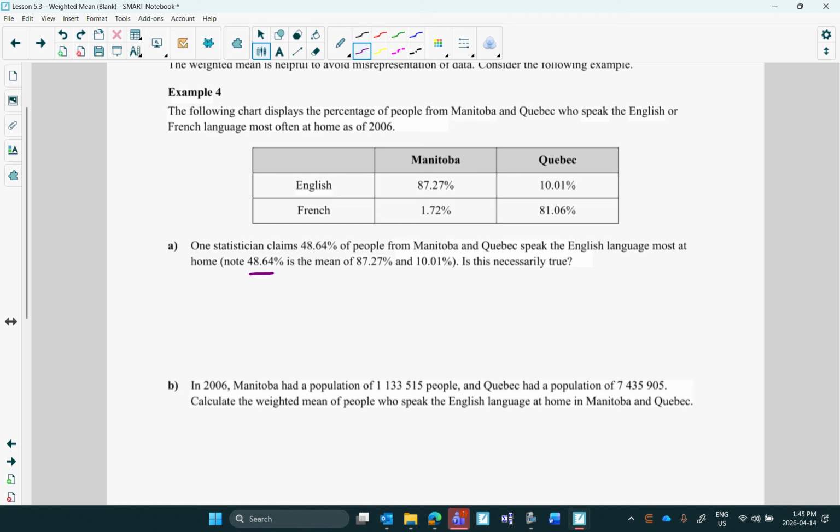There's more weight in Quebec than in Manitoba. So we would say no, because the populations aren't the same. So that's not a good way to do it.